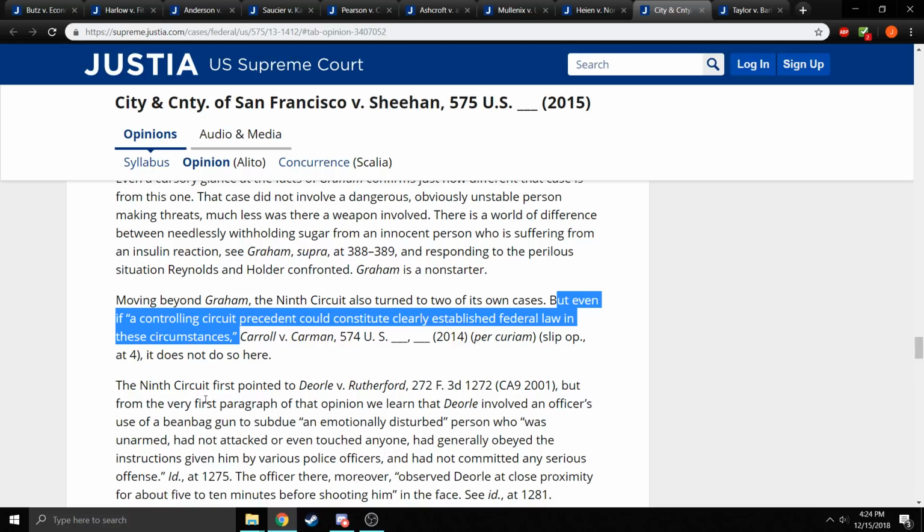But it appears, from just going through these cases like I have been, I've spent the bulk of today reading and analyzing Supreme Court cases on qualified immunity, and it seems as though the Supreme Court is very generous with qualified immunity.